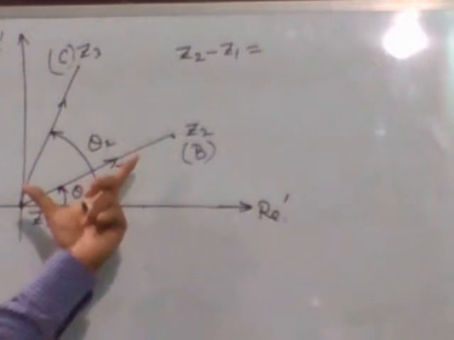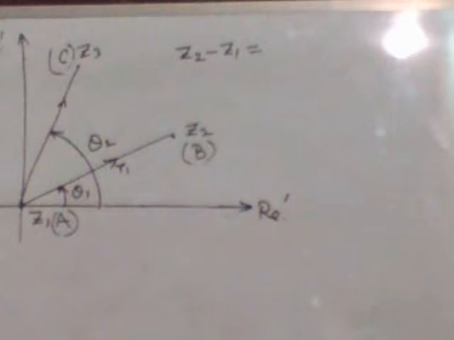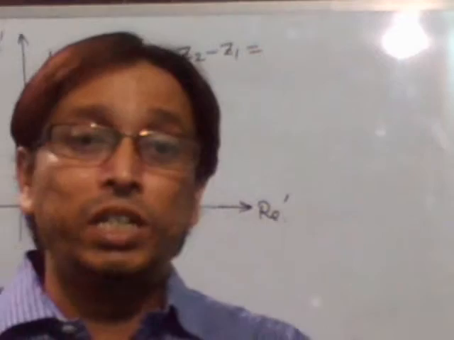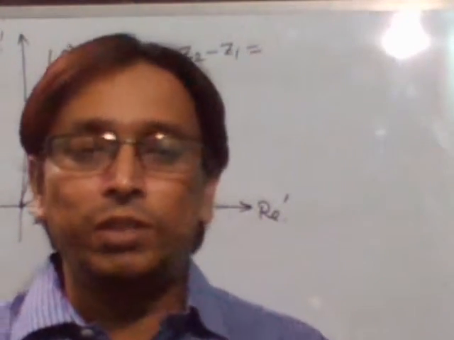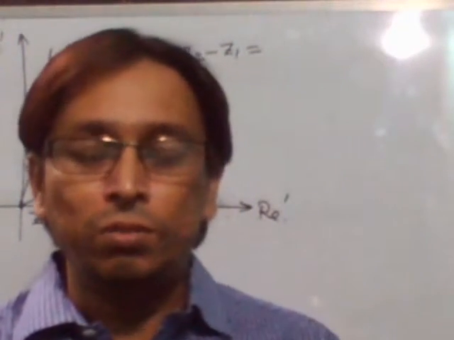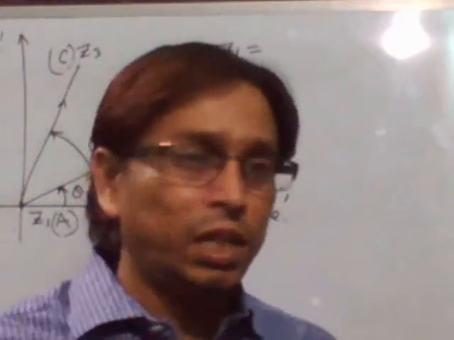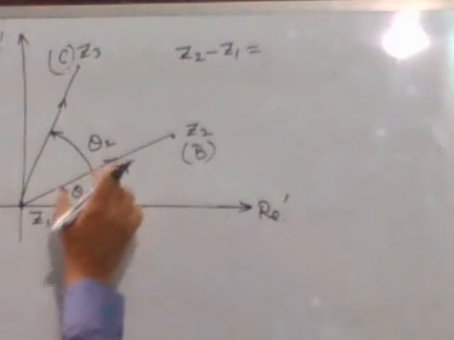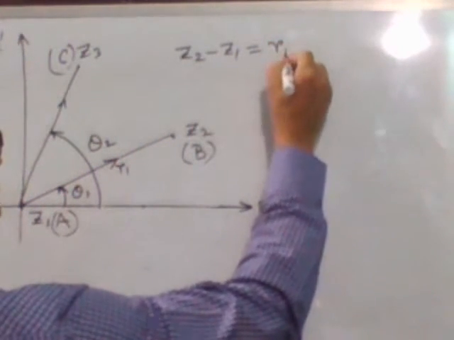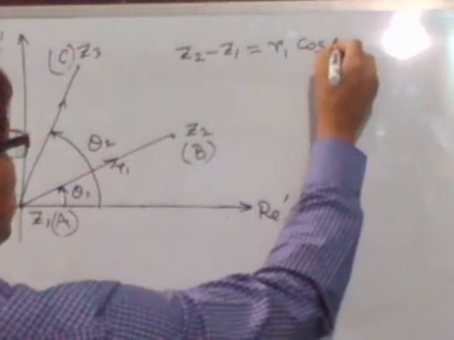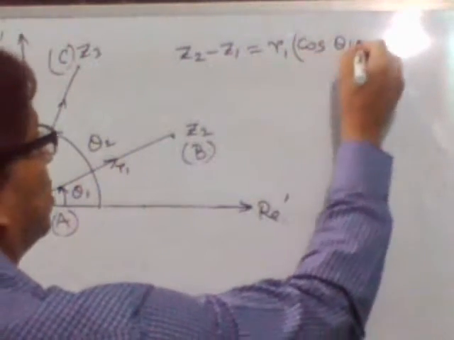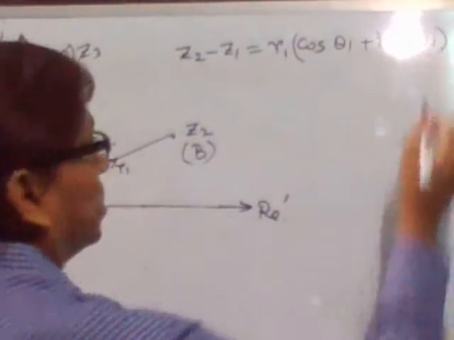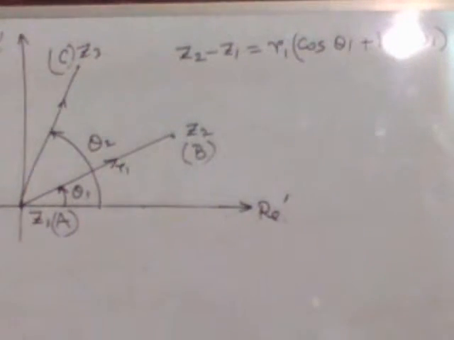So Z2 minus Z1 is the vector just similar to the previous case we have shown, that is the point Z. In case of just Z, we have taken Z is equal to R into cos theta plus I sin theta. So here Z2 minus Z1 will be equal to R1 into cos theta 1 plus I sin theta 1. Can you see this?